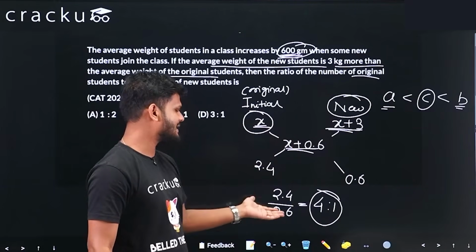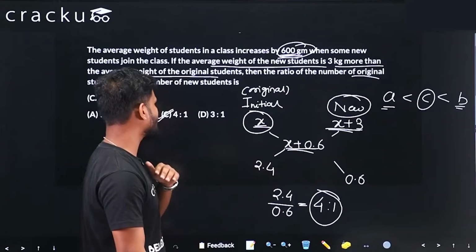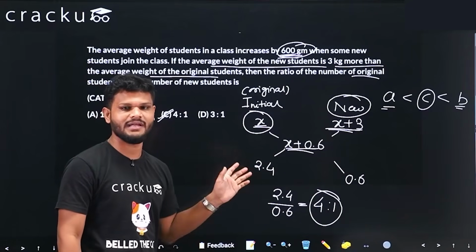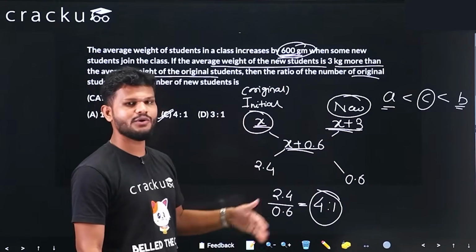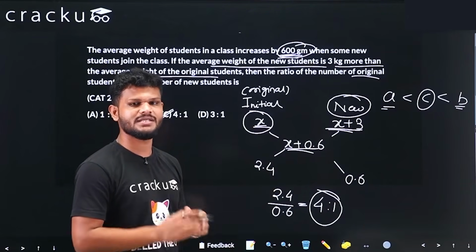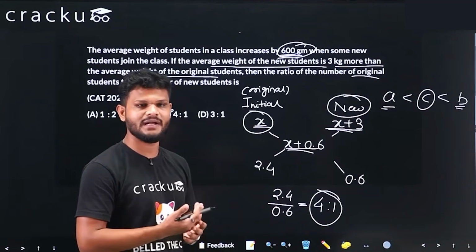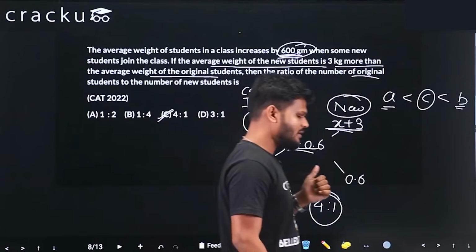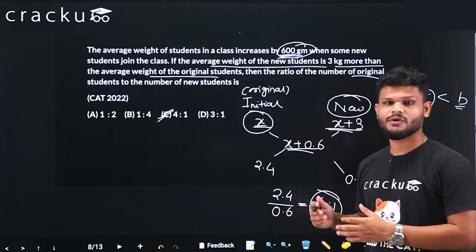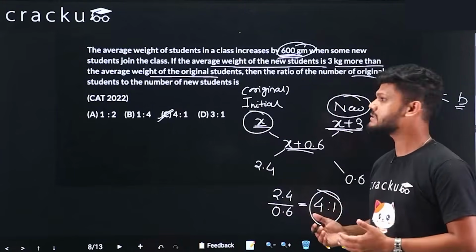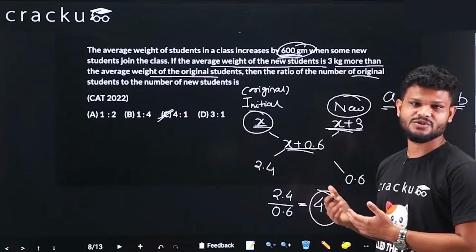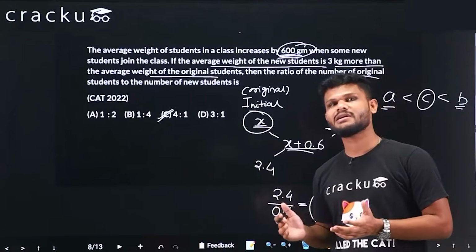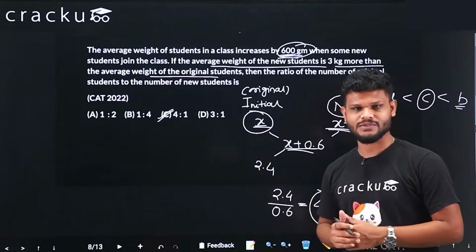So we just applied the alligation and got the answer. Here you don't have to write any equations. You don't even have to assume that variable. You can just plot it on the number line and you can get it. So this is how, in a simple way, you can save your time and also solve it in an elegant way. Now let us look at some more questions based on averages and some shortcuts or elegant ways to solve those.